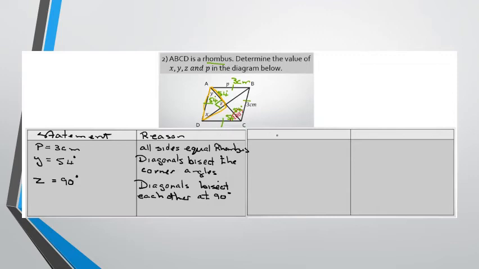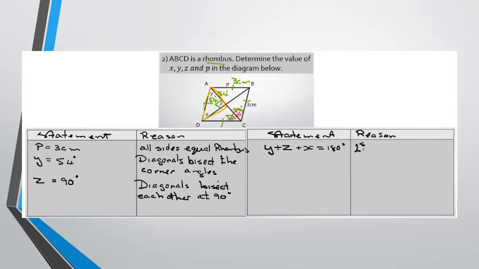So let me go to the right hand side. Statement. Reason. I'm going to say now in the triangle, y plus z plus x must be equal to 180 degrees.